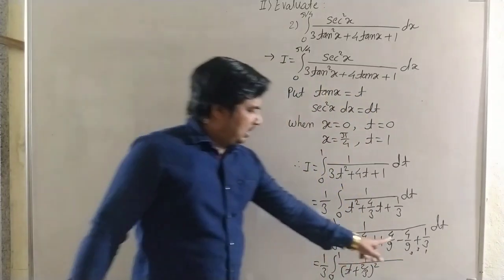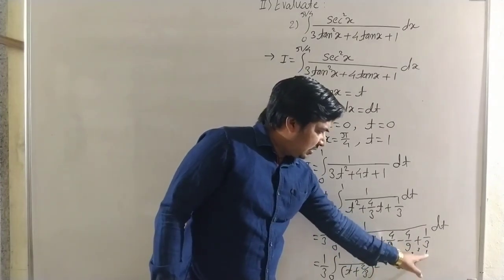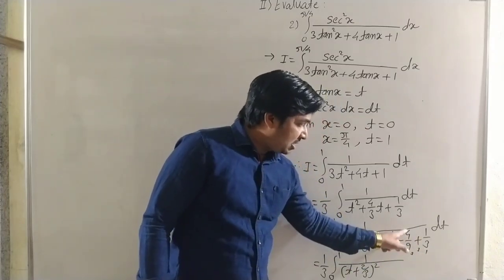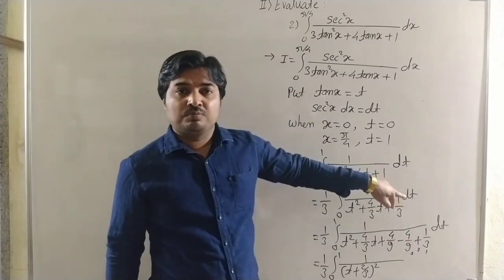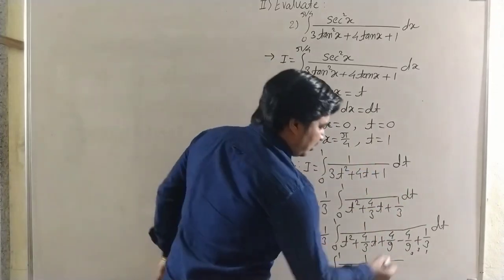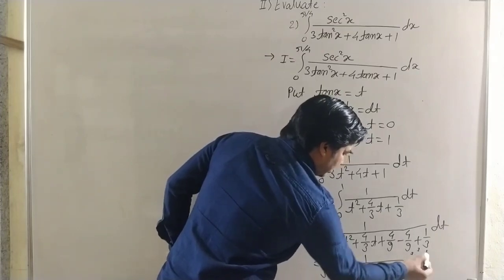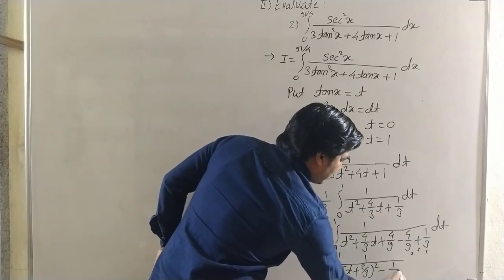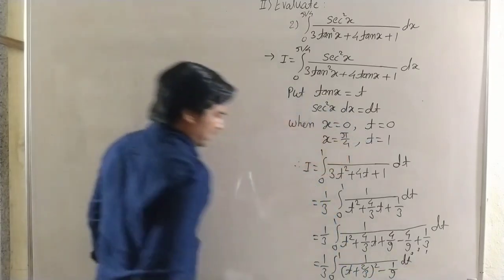In the denominator we take common 3, then 1 remains here and 3 here. 1 into 4 is minus 4, and 3 into 1 is plus 3. Minus 4 plus 3 is minus 1. In the numerator we write minus 1, and in the denominator the product of common and remaining factor, minus 1 by 9, dt.